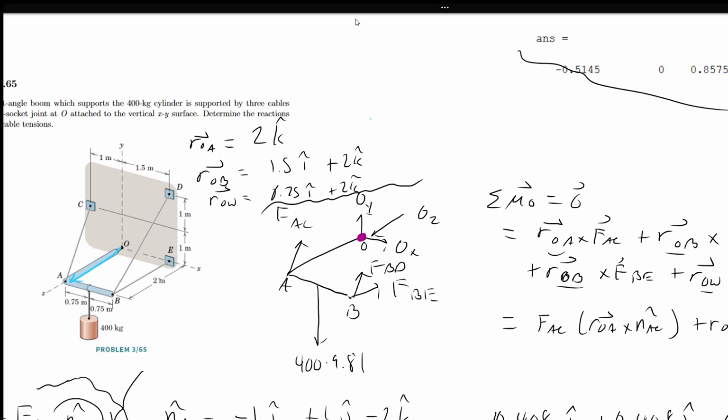FBD times ROB crossed with NBD, plus FBE times ROB crossed with NBE, and then plus this one I'll just rewrite. There's some stuff here.